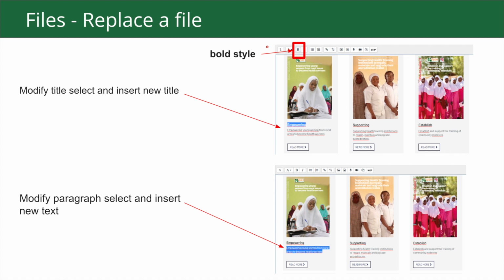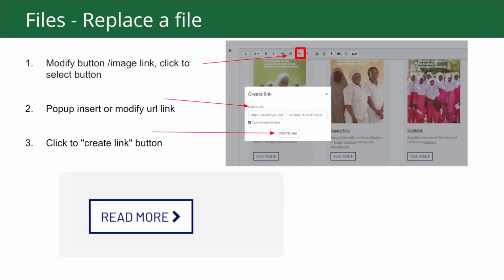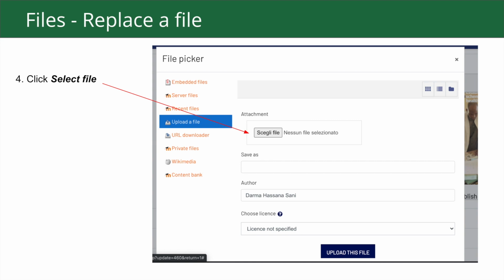So you just change the title, you change the text. Then we want to change the link to the read more button as well, and you just copy the link that is in the image. That's the screenshot I was talking about.